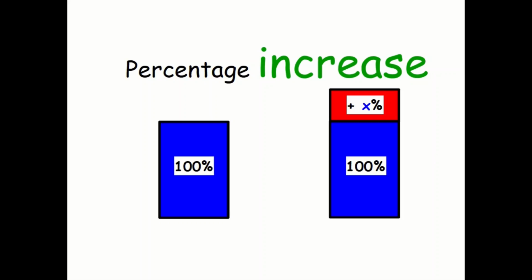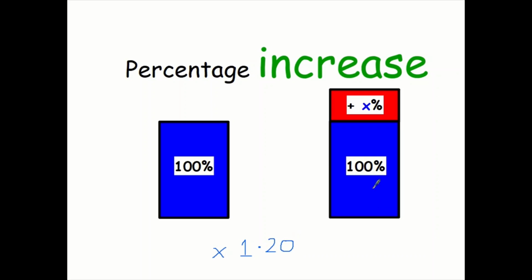So if you are increasing by, for example, 20%, you would multiply your original amount by 1.20. Now, why do you do this for an increase of 20%?